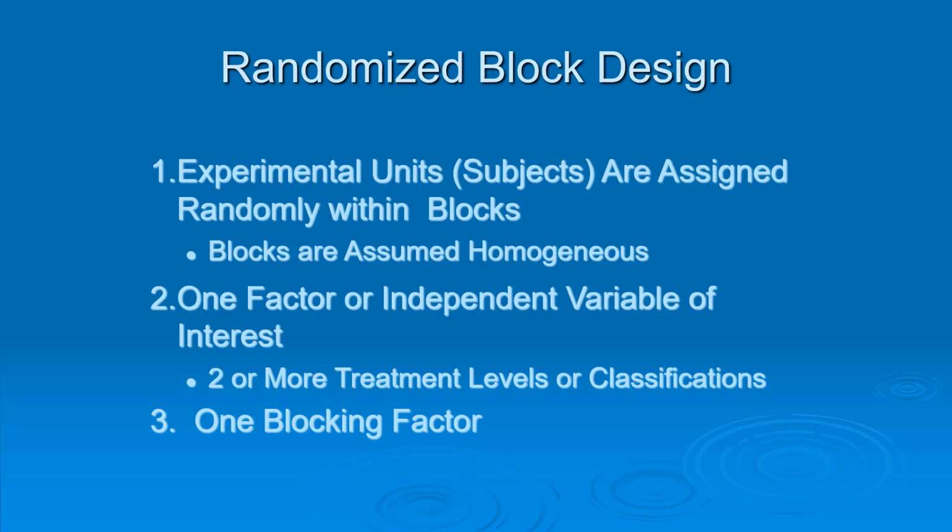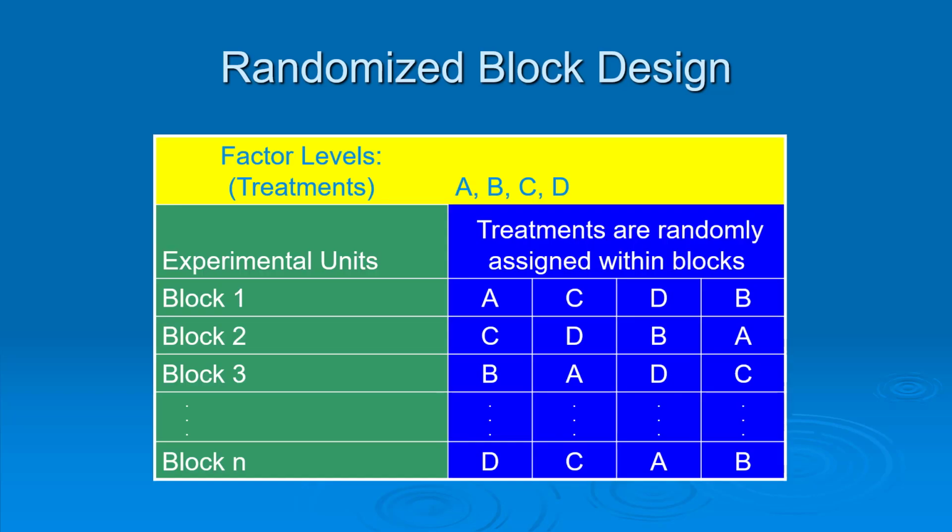Some important characteristics of a randomized block design that you should know. In a randomized block design, research subjects are assigned randomly within blocks, and the blocks are assumed homogeneous. There is an independent variable which has 2 or more levels, and there is one blocking factor. Are the mean training times the same for 4 different methods A, B, C, and D?